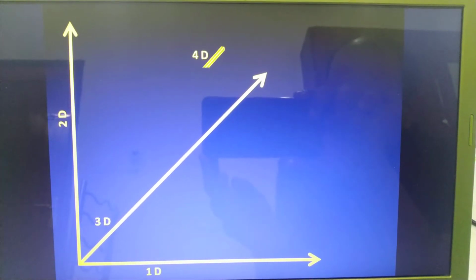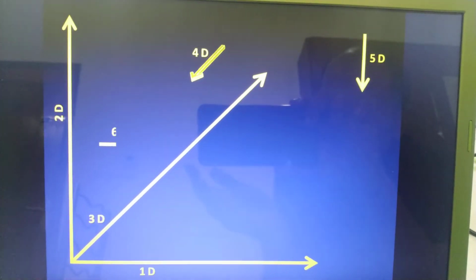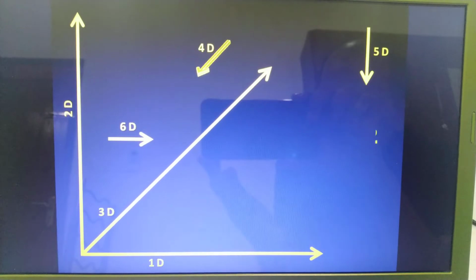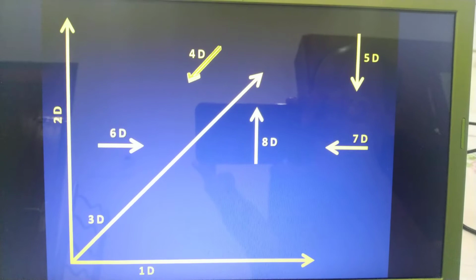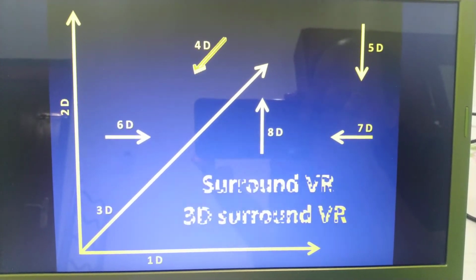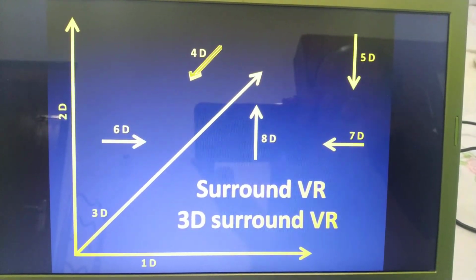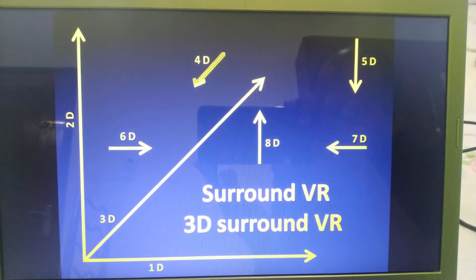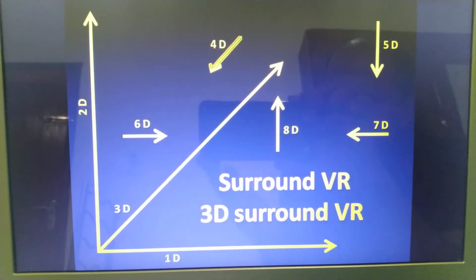So you have the first and second dimension. That is simply the height and the width of the screen. And the third dimension, which is towards you, towards the audience. You may think these are the only dimensions, but please watch, there are so many other dimensions. You would have heard of surround sound, but now we are going to talk about surround virtual reality. In a virtual reality theater, objects would move towards you from the front, third dimension.